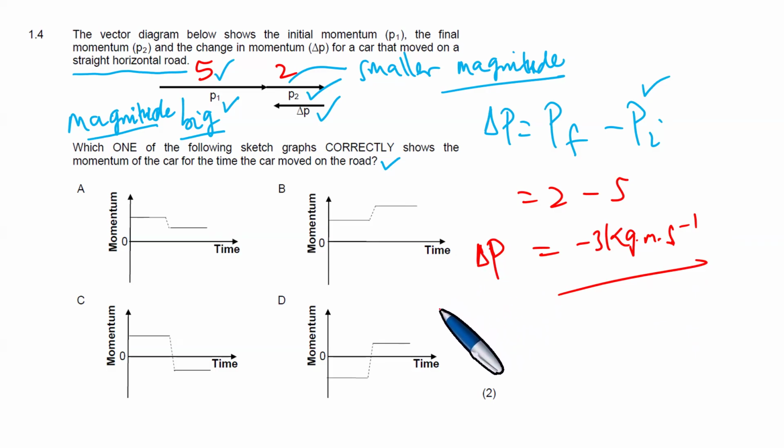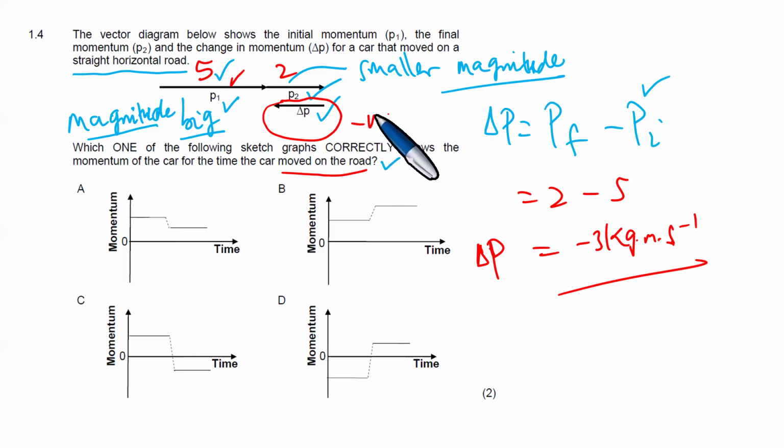So now, because it is in the opposite direction, you can see it is in the direction opposite to momentum P1. Now if we get back to answer the question, which one of the following sketch graphs correctly shows the momentum of the car for the time the car moved on the road? Initially, when the time was 0, we had constant momentum. And then the momentum became negative, in the opposite direction.